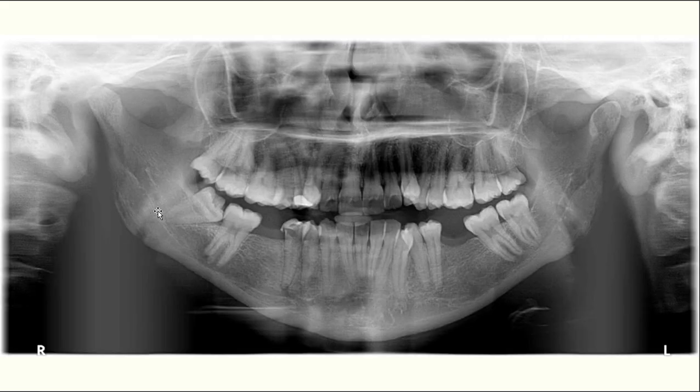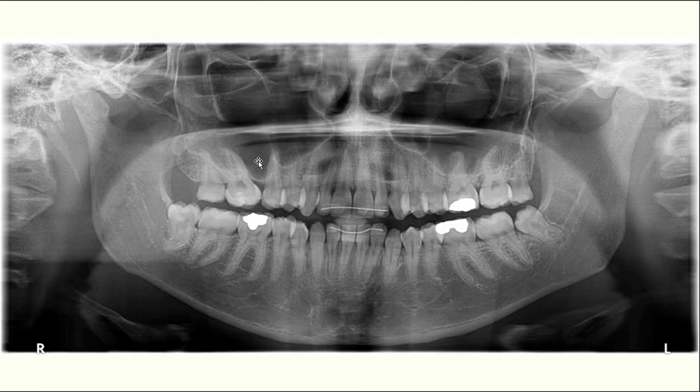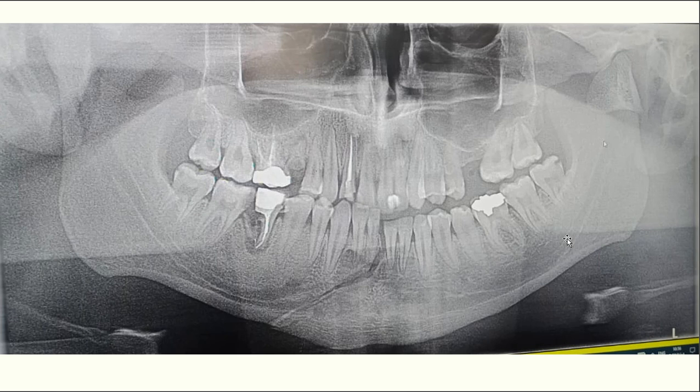Here's another X-ray. We can see the 6 is extracted. Another one, we can see the bifid roots in this case. So here are abnormal things that we can see on the panoramic X-ray. We can see condylar fracture here.